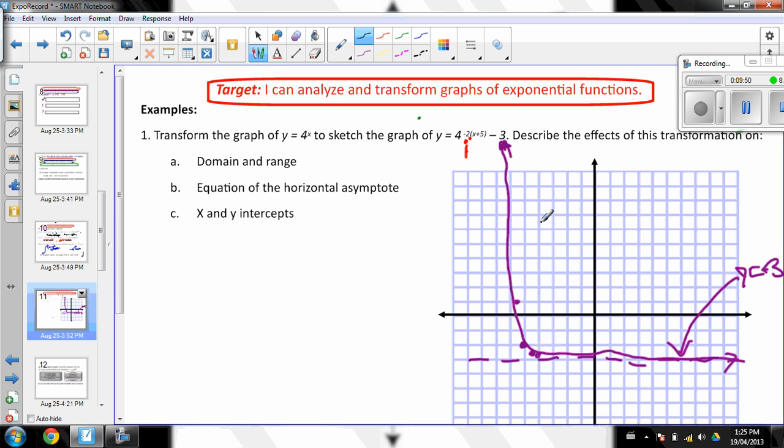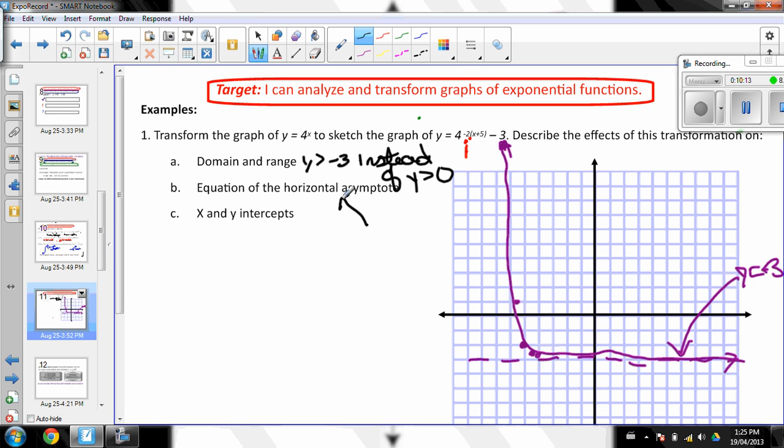Well, my domain is still, x can be all real numbers, so this is no change. My range is now y has to be greater than or equal to negative 3 instead of y has to be bigger than or equal to, sorry, bigger than 0.